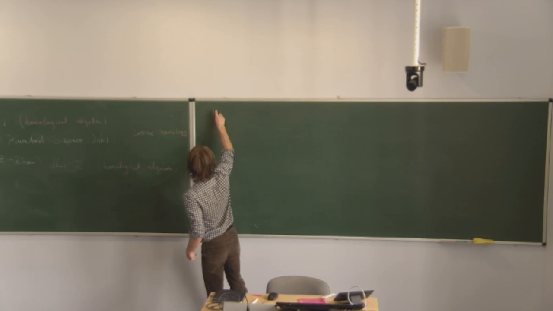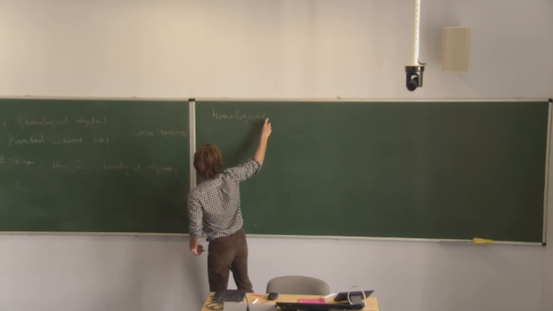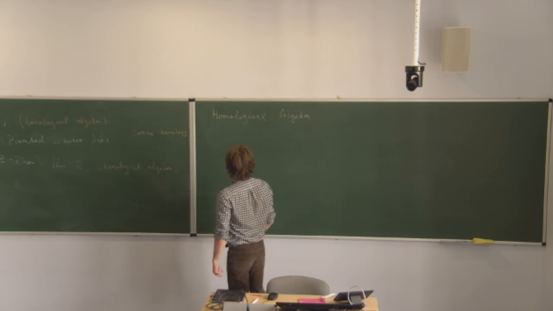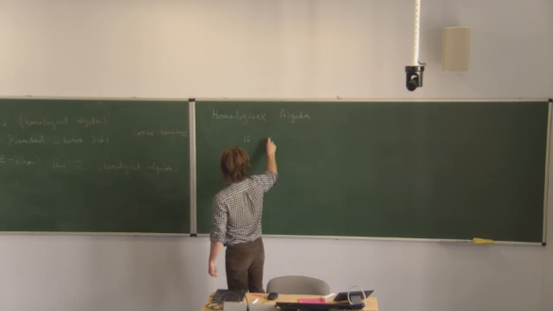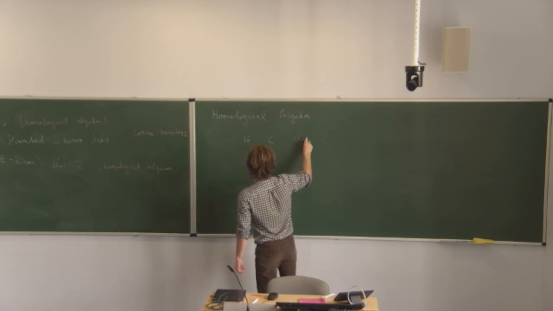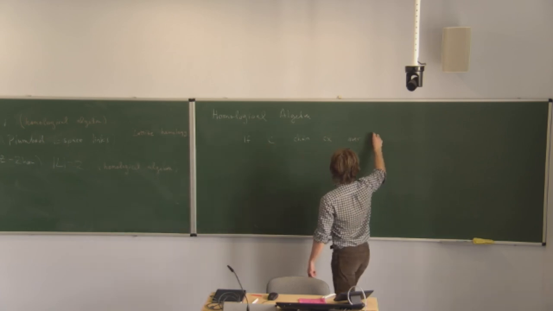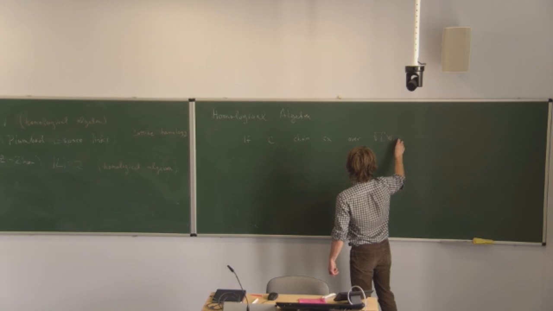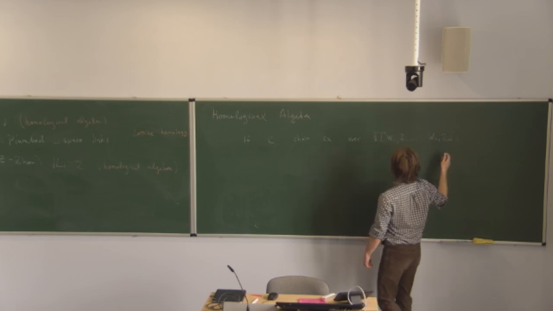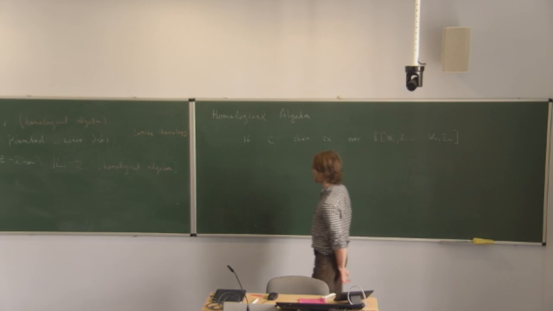So here is some very basic homological algebra. Let's say C is a chain complex over the ring we're interested in today, but the same ideas work over general rings.